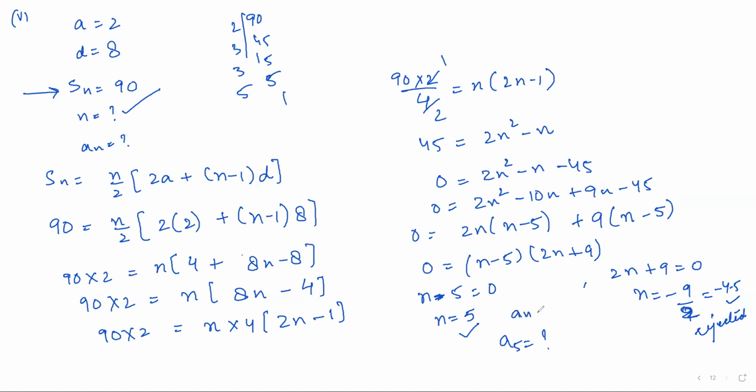An is equal to a plus (n minus 1) into d. Put n is equal to 5. A and d you already know. Put and find a5.